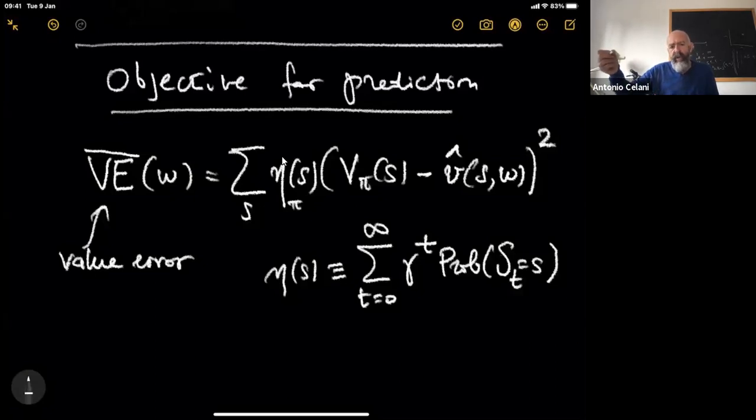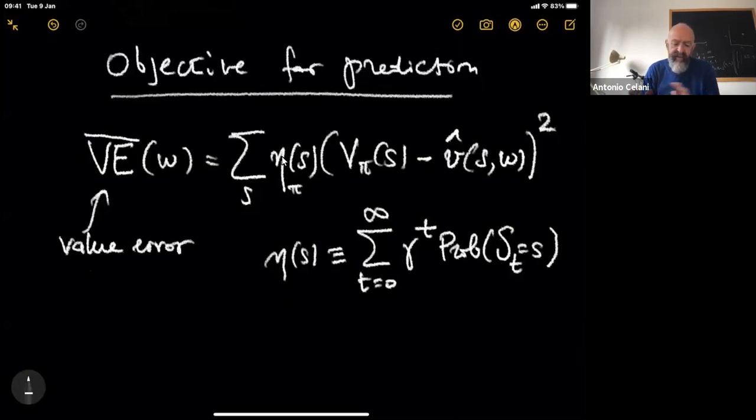Or, as you know, you can also kill the process at every step with probability 1 minus gamma, which is an equivalent way of obtaining this sum. So this is a quantity which we have already introduced earlier on, and this defines our objective for prediction.